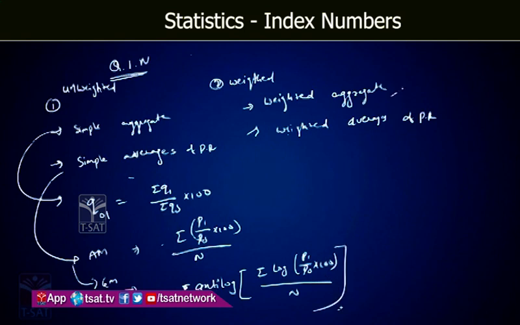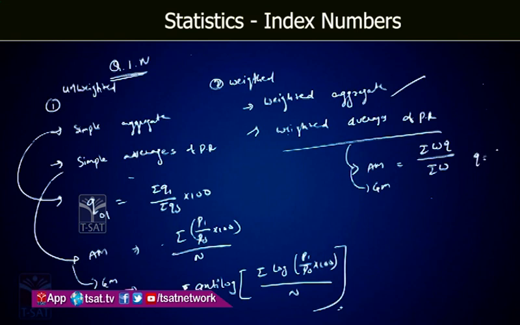ఇక్కడ weighted aggregate లో మనకి సేమ్ ఇందాక మనం ల్యాస్పేస్, పాస్చీస్, డార్బిష్-బౌలి, ఫిషర్స్, మార్షల్-ఎడ్జ్వర్త్ అండ్ కేలీస్ ఎలా డిస్కస్ చేసామో అన్ని వెయిటెడ్ క్వాంటిటీ ఇండెక్స్ నెంబర్స్లో కూడా ఉంటాయి. సో వెయిటెడ్ యావరేజ్ ఆఫ్ ప్రైస్ రిలేటివ్స్ దీంట్లో అగైన్ వీ హ్యావ్ అర్థమెటిక్ మీన్ అండ్ జామెట్రిక్ మీన్. It is given by summation W into Q by summation W, where this Q is given by Q1 by Q0 into 100.